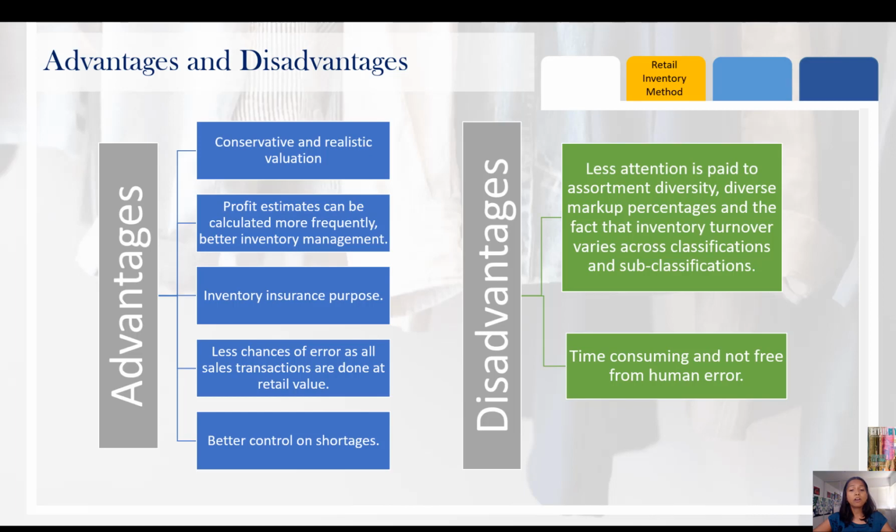The resulting cost figures can easily be distorted. Secondly, because this procedure necessitates a large amount of data and extensive record keeping to be successful, it can be time consuming and care has to be taken to correctly input data. Further, buyers have to be sure to carefully keep records of markdowns and additional markups because they are required to utilize the retail inventory method.